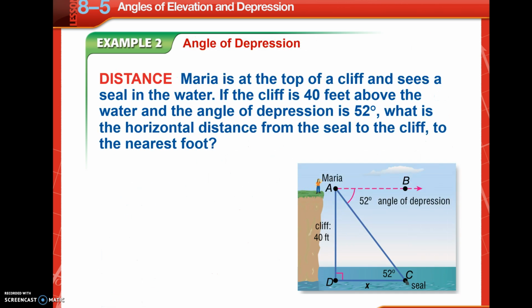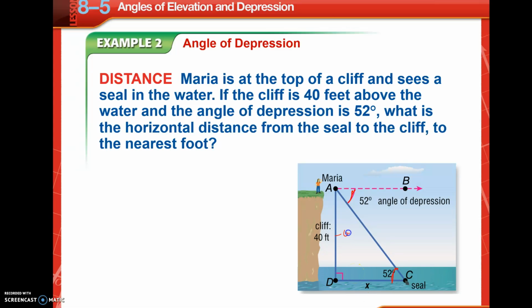Okay, let's look at some with the angle of depression. Maria's on top of a cliff, and they have it drawn here. She sees a seal in the water. The cliff is 40 feet above the water, and the angle of depression is 52. That means the angle of elevation is also 52, as those, remember, are equal. How far is the seal from the cliff? So we're looking for x here.